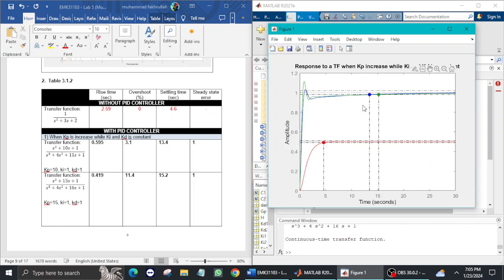For the settling time, when KP is 10 I get 13.4, and when KP is 15 I get 15.2.